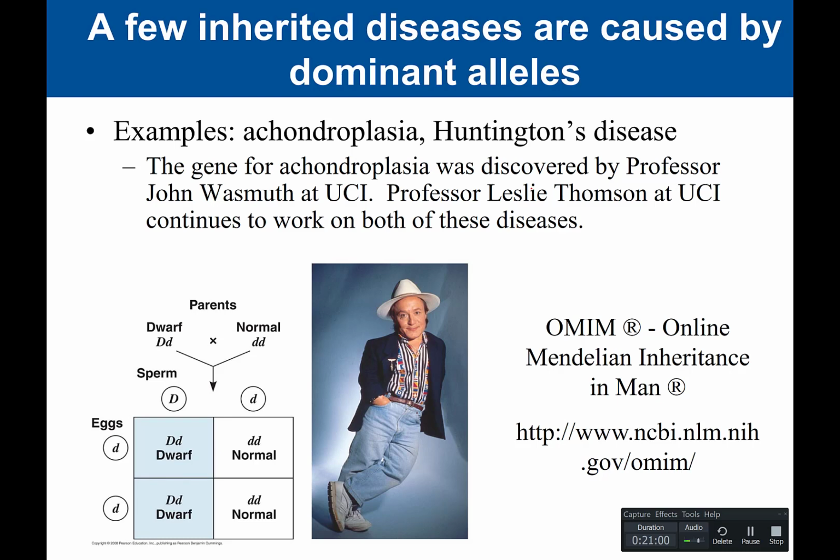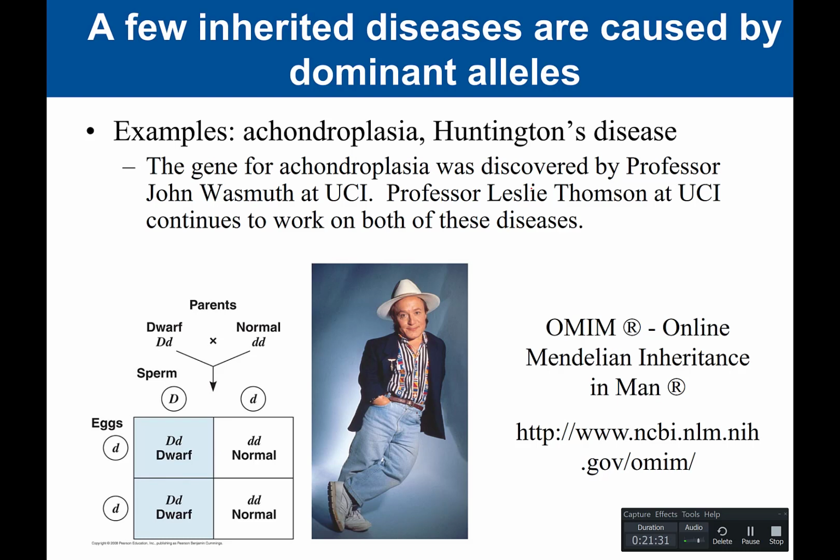I don't know whether they have achondroplasia or some other form, but notice that you have two parents that have dwarfism and you have children that do not. That's because those two parents with achondroplasia can carry the normal allele. That can give rise to a normal height child. And so you can have instances where the children don't have the condition.